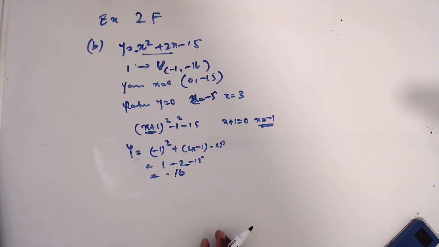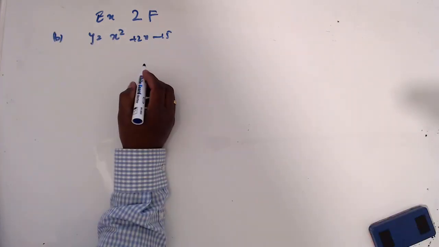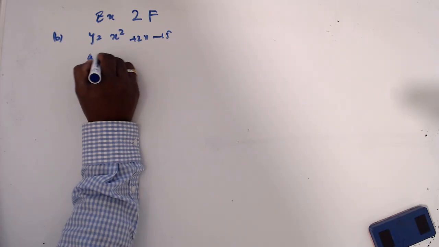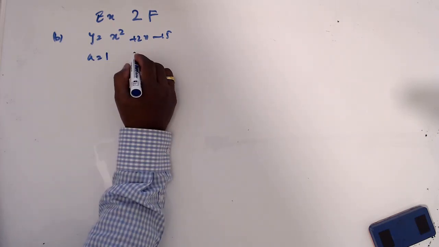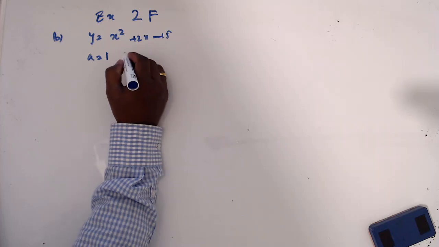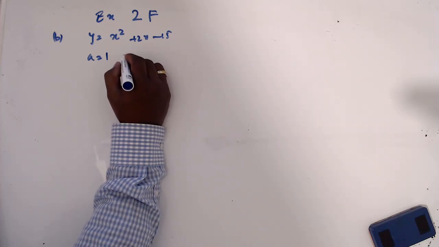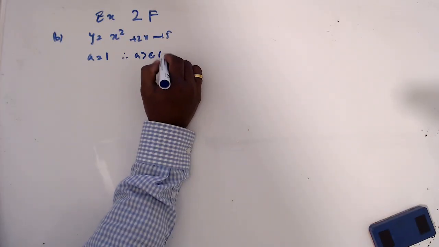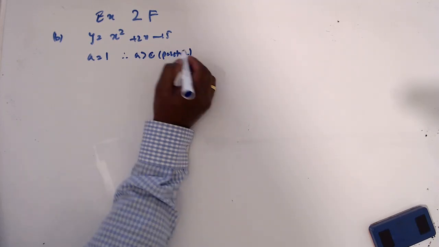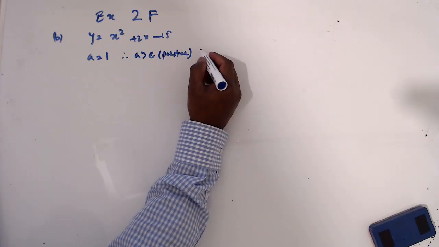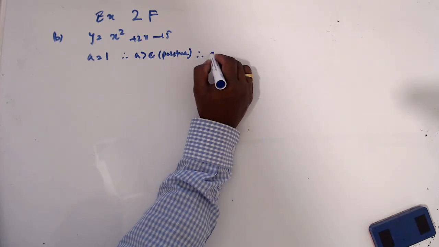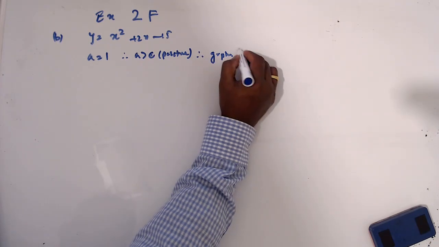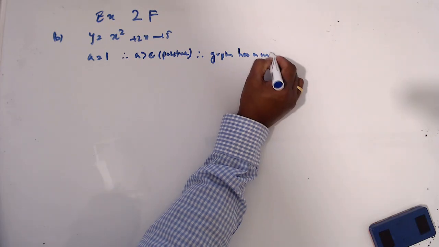Before we start drawing within a few minutes, we'll do it properly now. a equals 1, hence a is positive, a greater than 0, hence the graph has a minimum.